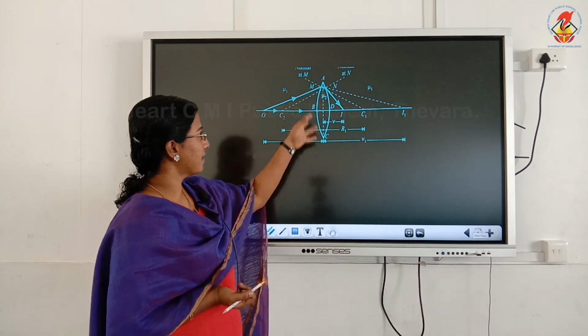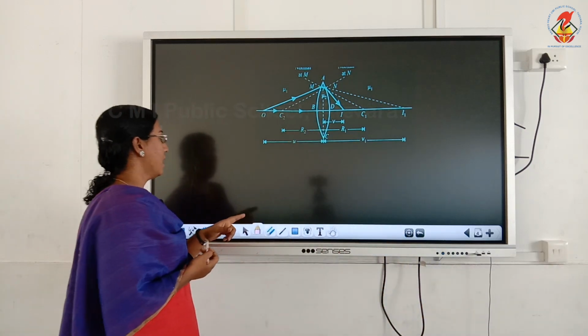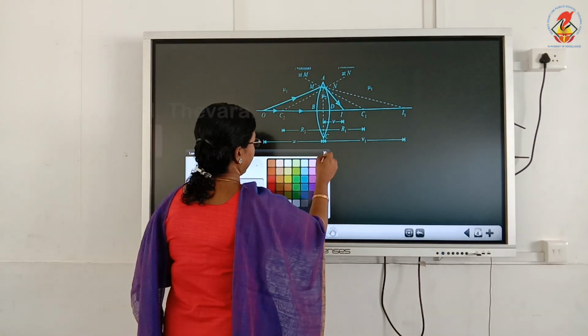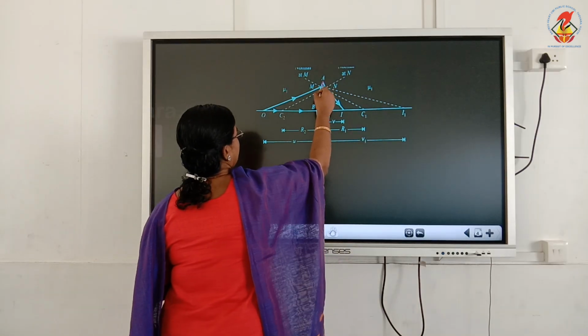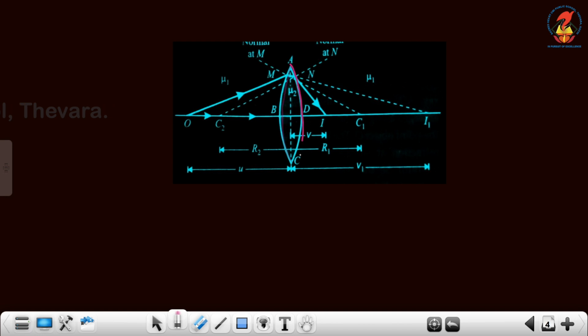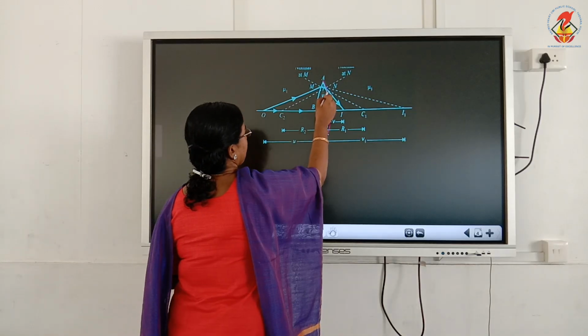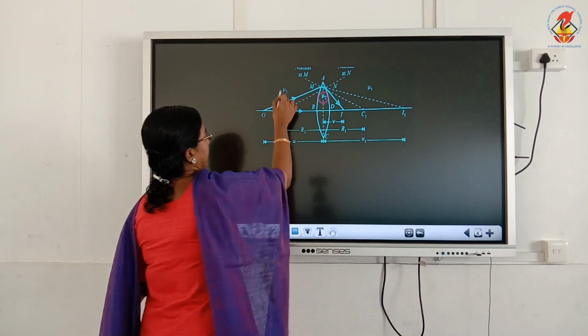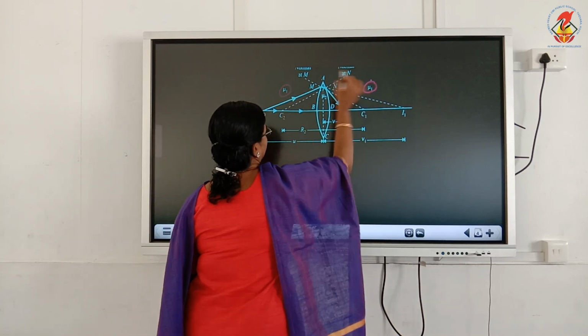Now, this is the diagram used for deriving the lens maker's formula. Okay, so we have a lens ABCD, with ABC and ADC being the 2 refracting surfaces, and the lens has a refractive index mu2, placed in a medium of refractive index mu1.